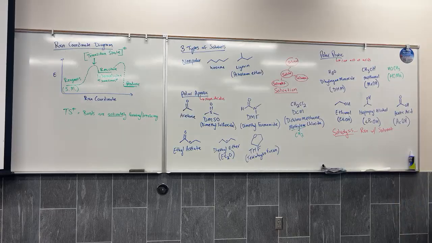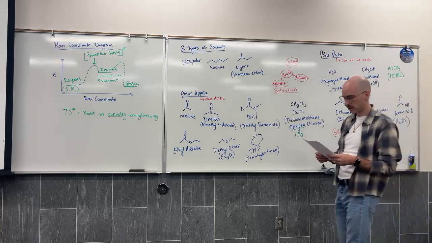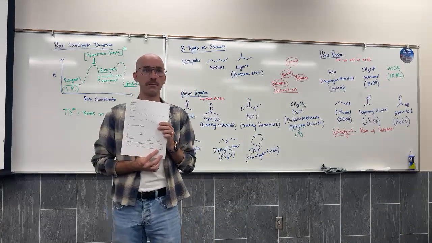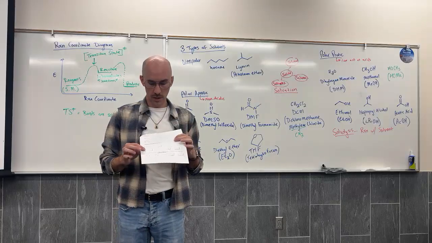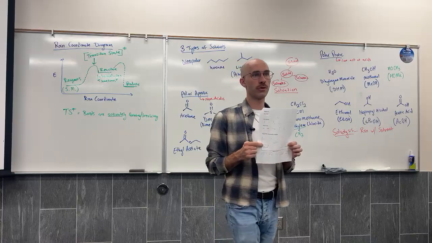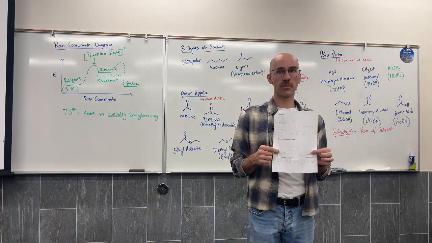Now, I know that the diagram I have for you guys has an additional transition state and product. This is just generically the components of our reaction diagram. So what I would like you guys to do is figure out where these components of a chemical reaction belong. Notice that you're given water and tert-butyl chloride as your starting materials.